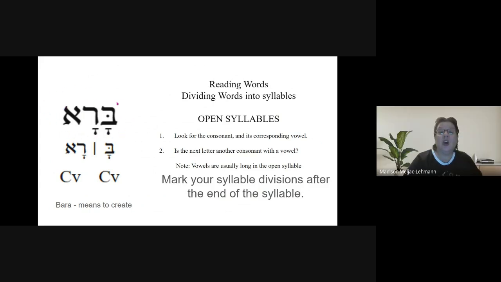Right. When you have a consonant and vowel, those are usually at the beginning of the word. Open syllables usually come in the middle or at the beginning of words. We have this word, it's called bara. It's in the first line of the Bible, Baruch bara Elohim, and God created. It's ba-ra.